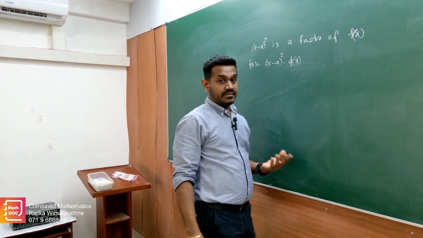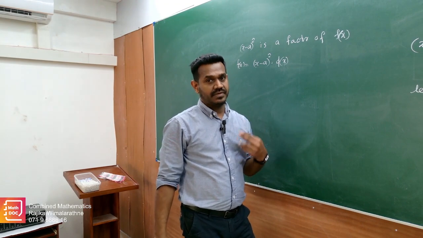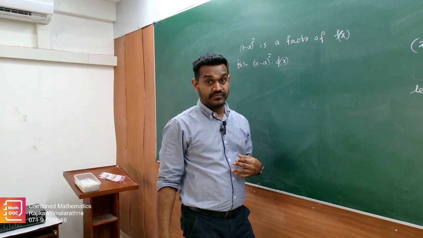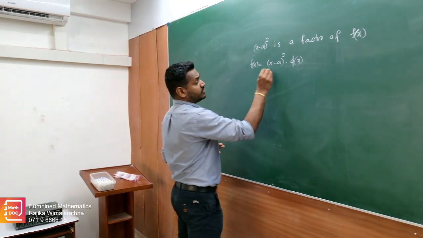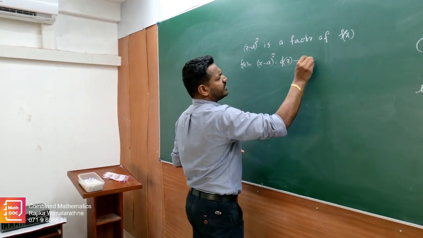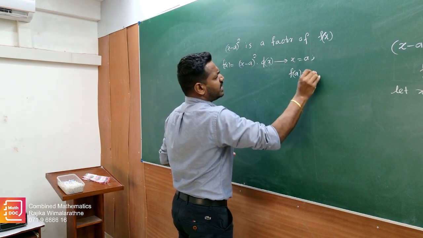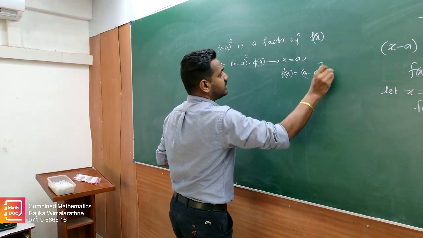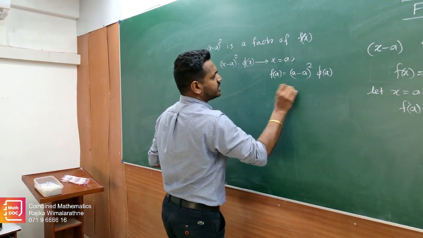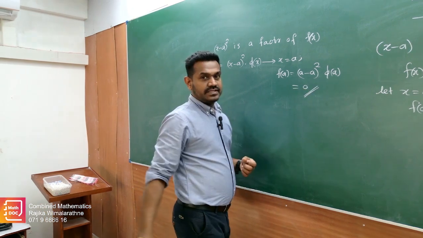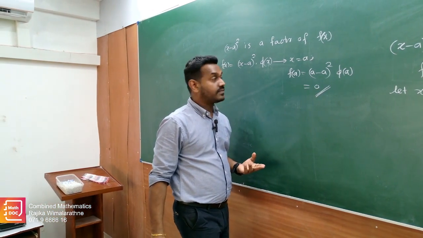We call that a repeating linear factor, a twice repeated factor. Now when you substitute x equals a, we get f(a) equals (a minus a) squared times phi(a), which is 0. Then f(a) is 0. That is the factor theorem.